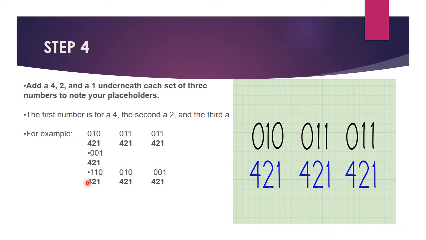And if you take another example, 1100100001, you can write it like this, 4 2 1, and then here also 4 2 1, 4 2 1. There is also a shortcut I'll teach you in my next slides, and you can skip these steps in the shortcut method.